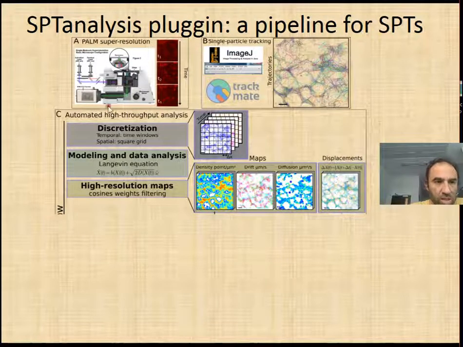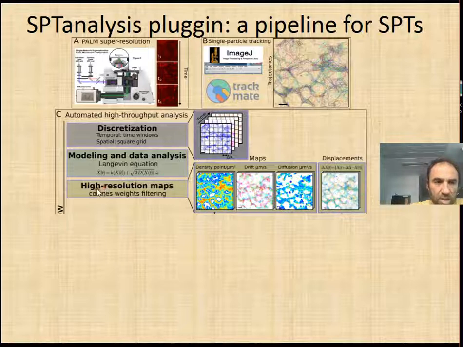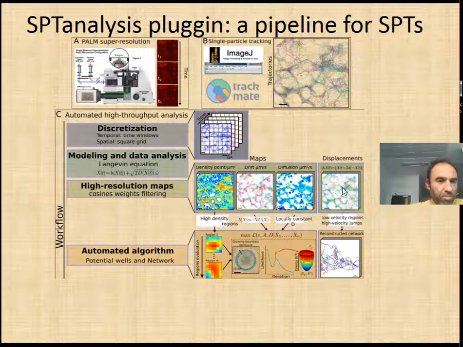Then, using a discretization both in time and space, using the images, we can give a binarization, and with this binarization we use a modeling approach to estimate information of interest coming from the Langevin equation, where the velocity is given by a drift of force plus a diffusion map. So the result is a high-resolution map given by the density, the drift, the diffusion, and the displacement maps.